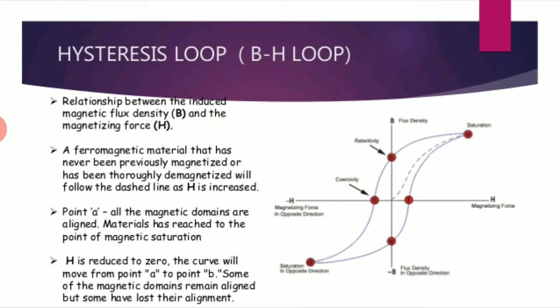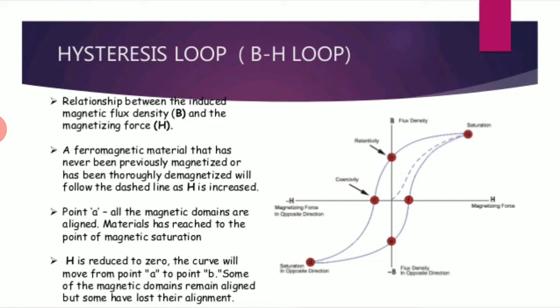A ferromagnetic material that has never been previously magnetized, or has been thoroughly demagnetized, will follow this dashed line of the BH curve. This starts from point A. All magnetic domains are aligned in a certain direction. The material has reached the point of magnetic saturation.